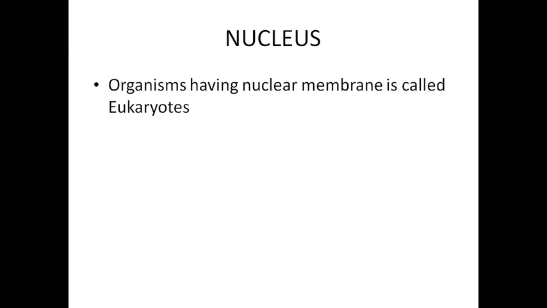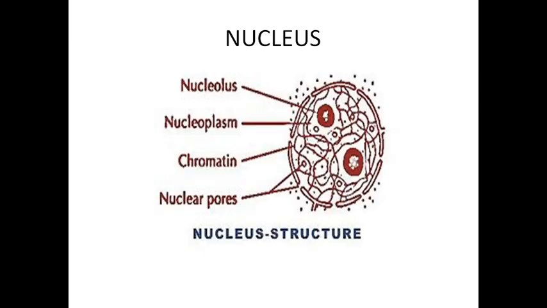And the organisms which have a nuclear membrane are what we call eukaryotes. Now you see the nuclear structure. A nuclear structure consists of the nucleolus, the nucleoplasm, the chromatin, and the nuclear pores. You see the pores, right? The gaps.